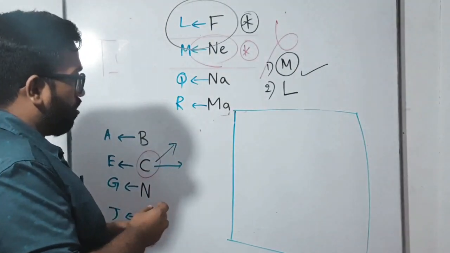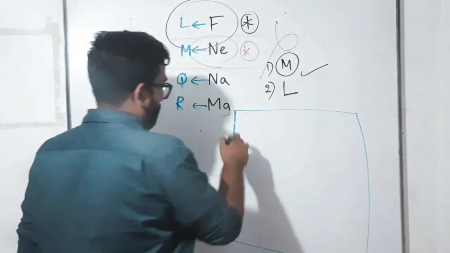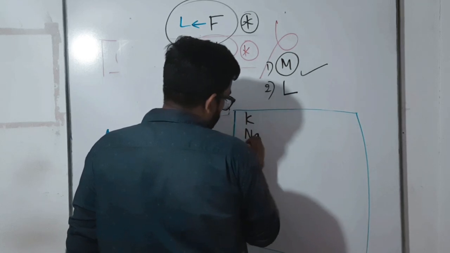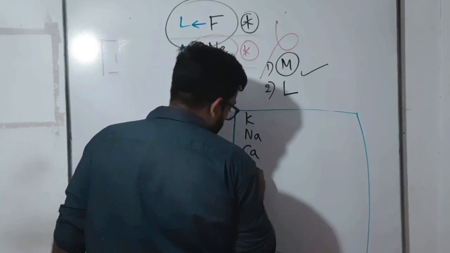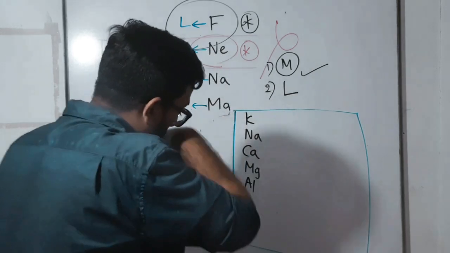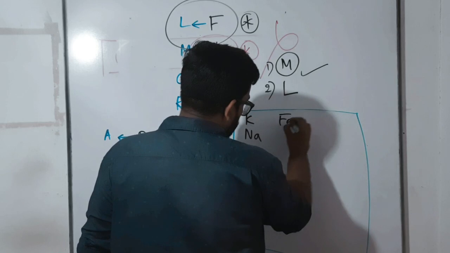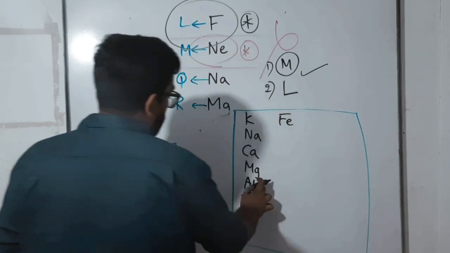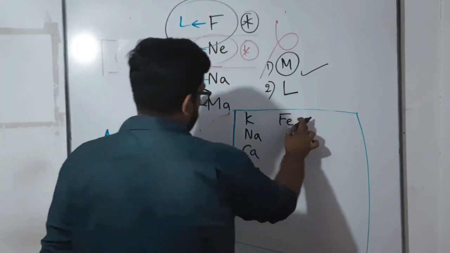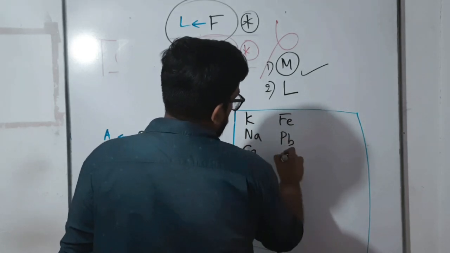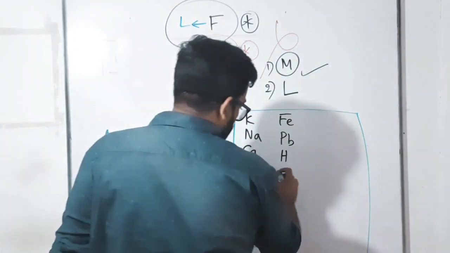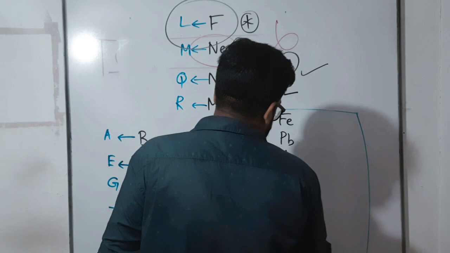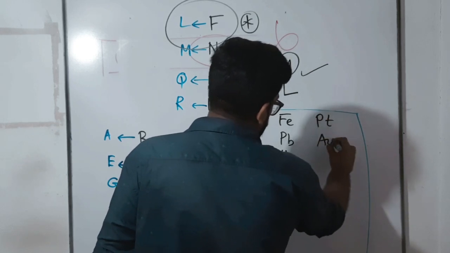Okay, shall I write here? You also have to read with me. It starts with potassium, sodium, calcium, magnesium, aluminium, zinc, iron, lead, hydrogen, copper, mercury, silver, platinum, gold.